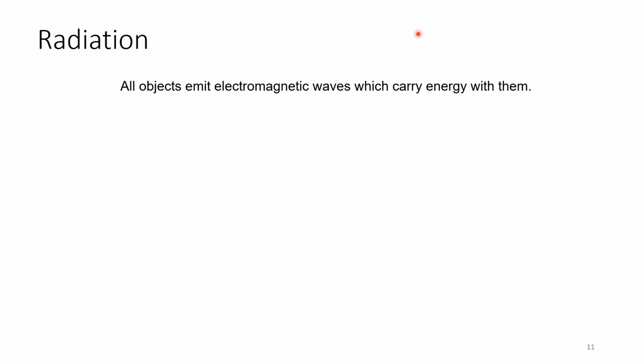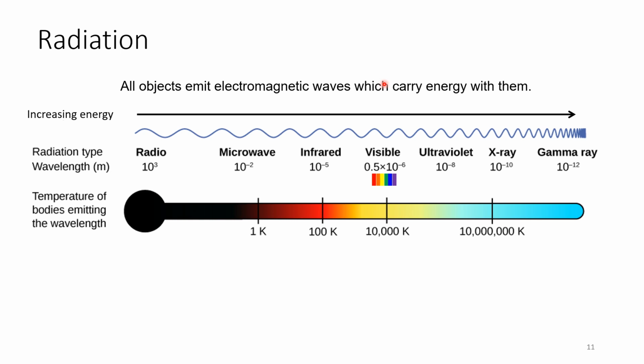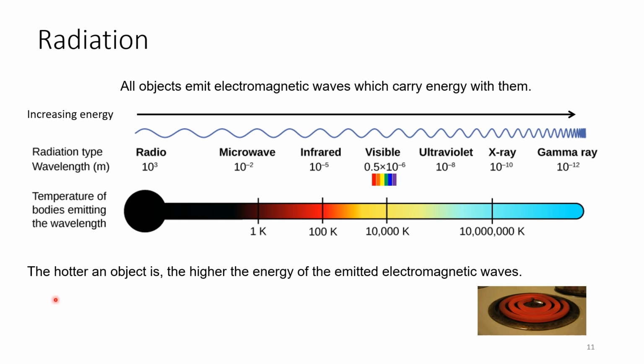All objects can emit electromagnetic waves which carry energy with them. Different names are used for electromagnetic waves of different wavelengths. We have radio waves, microwaves, infrared radiation, visible light, ultraviolet radiation, X-rays, and gamma rays. We have the experience that the hotter an object is, the higher the energy of the emitted electromagnetic waves.